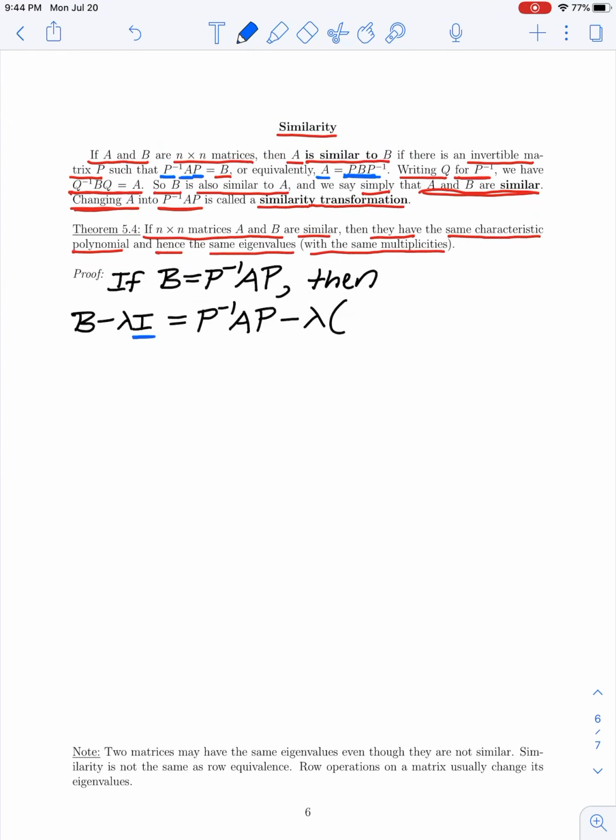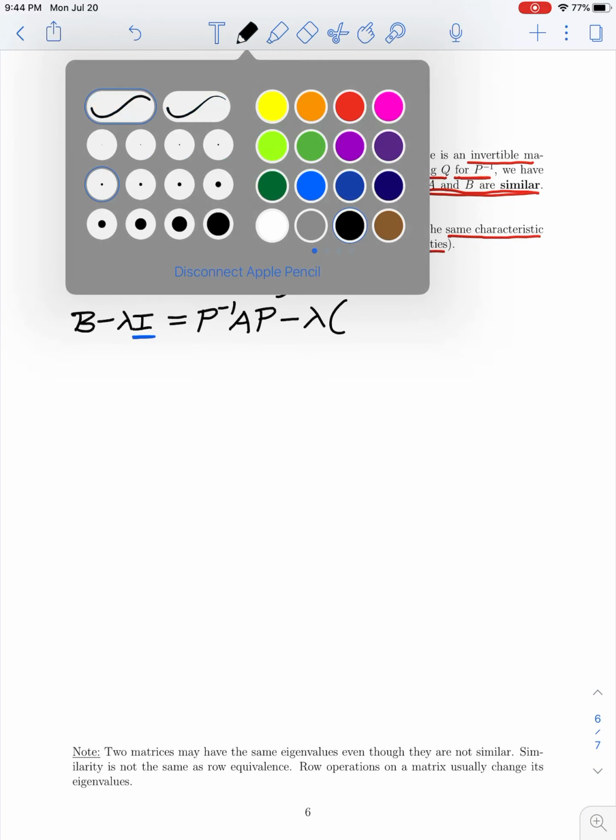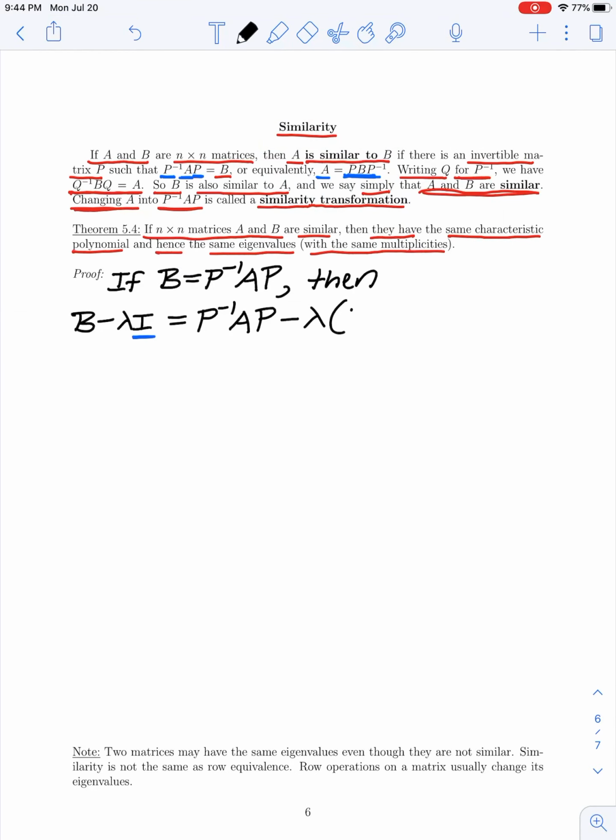But now the identity matrix I, we can think of as the product of P inverse with P. By definition, the product of those inverses would yield the identity matrix.